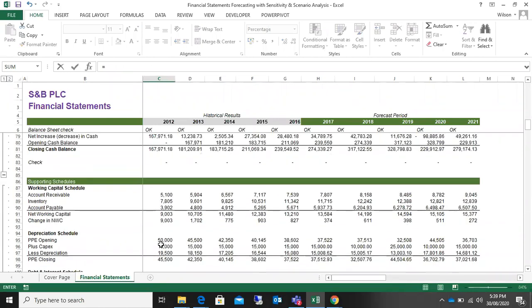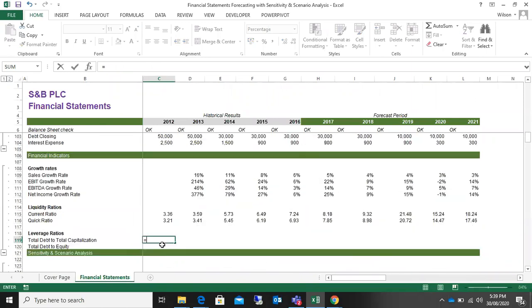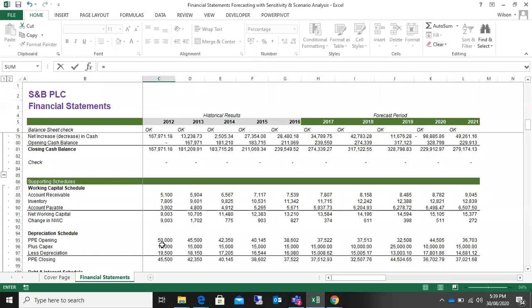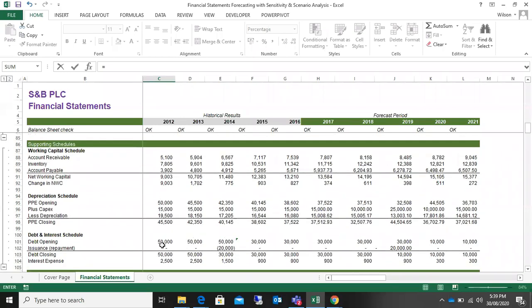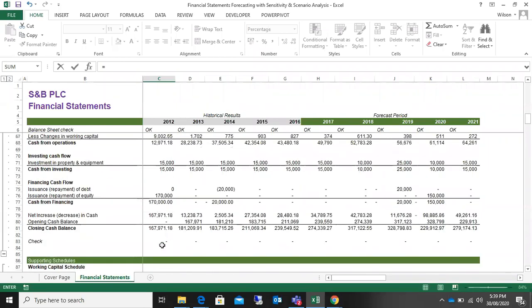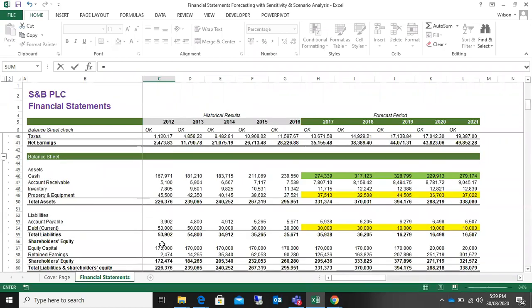Leverage ratio for 2012, of course, is going to be the total debt to total capitalization. The debt is the current debt in the balance sheet. So let's go to the balance sheet.